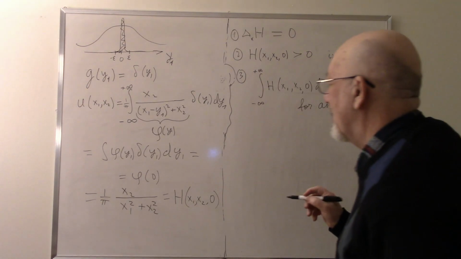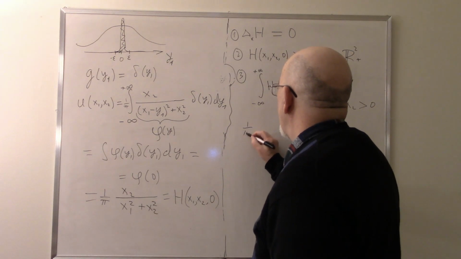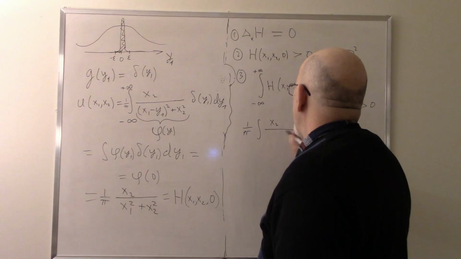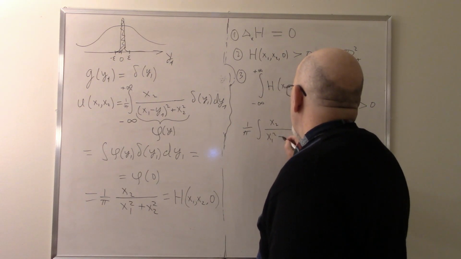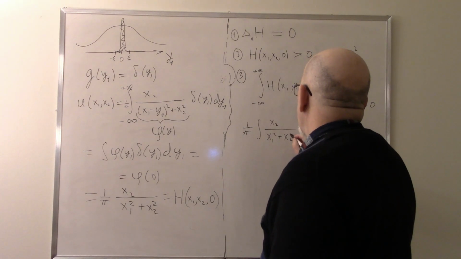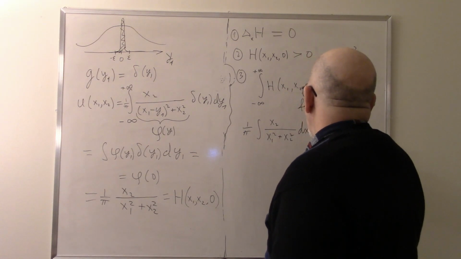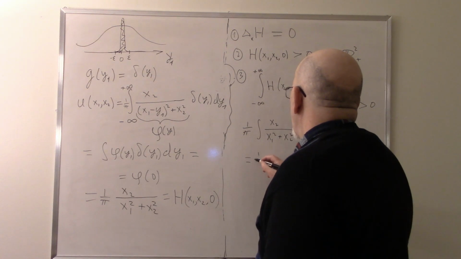It is an exercise. 1 over pi integral x2 over x1 square plus x2 square dx1 equals 1 over pi integral.